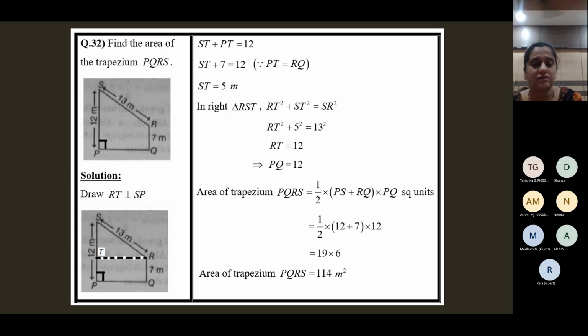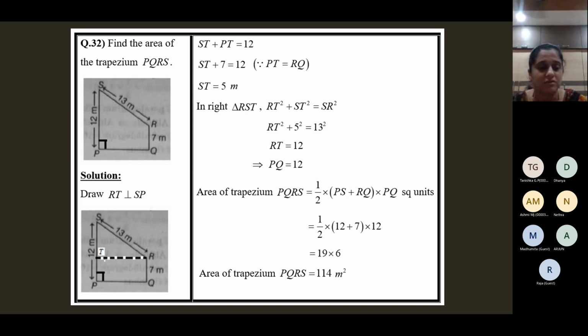Why is PT 7? Because RQ is 7, ma'am. Because RQ is 7, RQ is equal to PT. Okay, children.